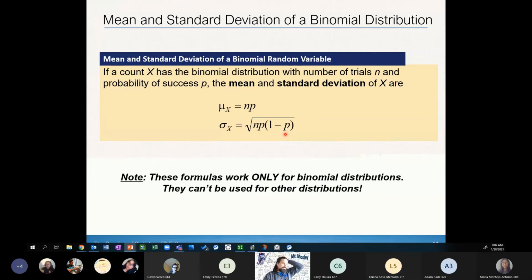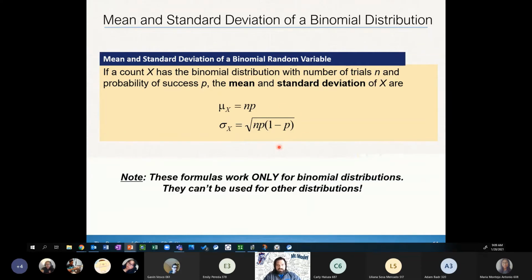Please note, these formulas work only for binomial distributions. They can't be used for other distributions. If the random variable in the scenario does not pass BINS, it's not a binomial distribution, you cannot use these calculations.